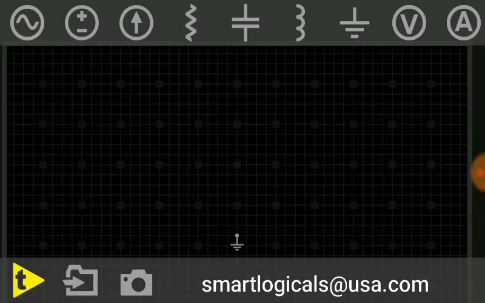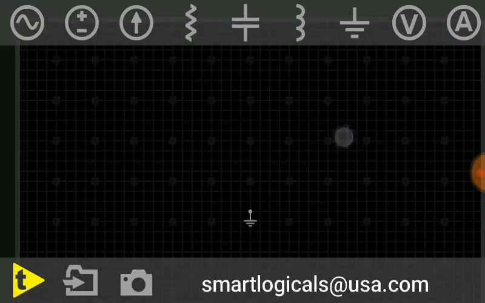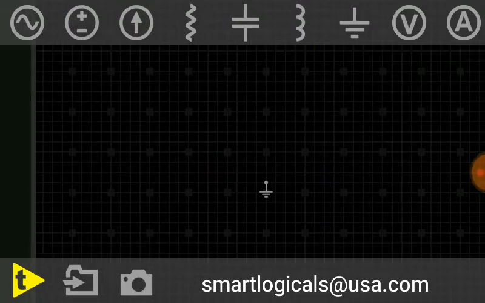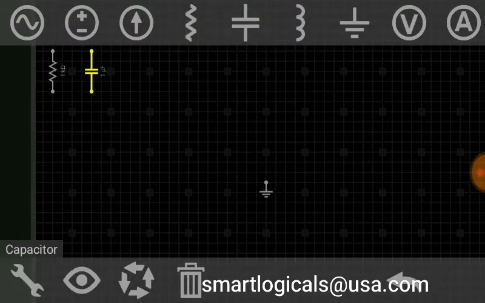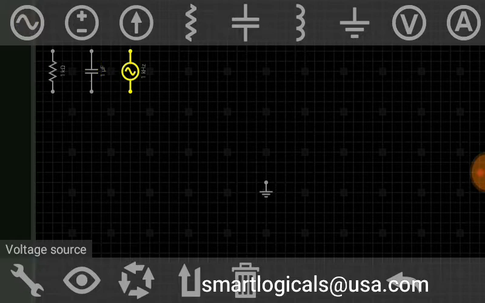Okay friends, so let's start. For an RC low pass filter, you need a resistor, a capacitor, a voltage source and a voltmeter.